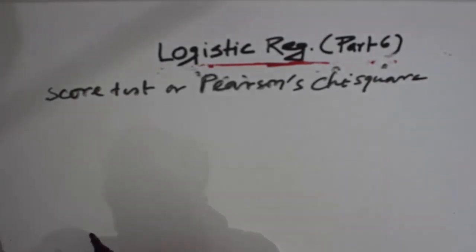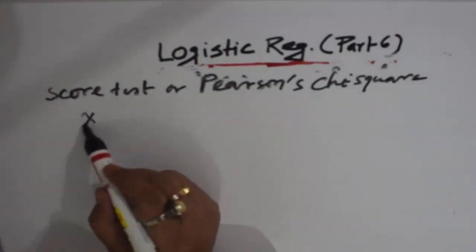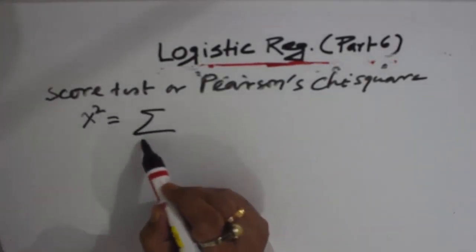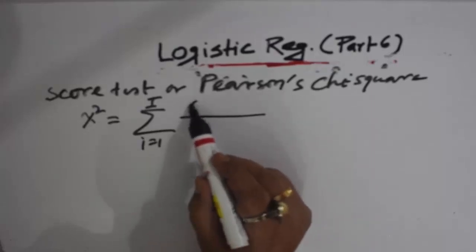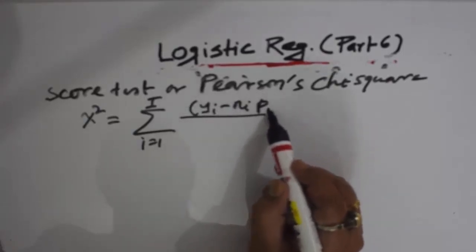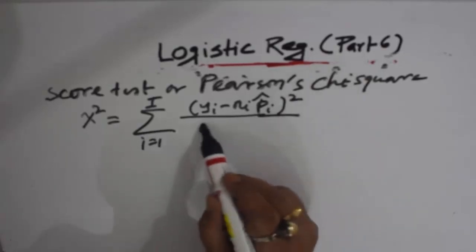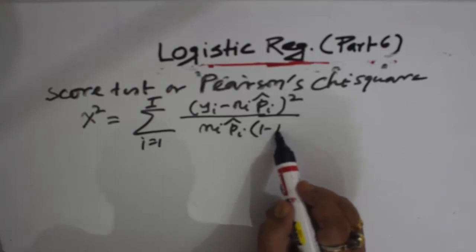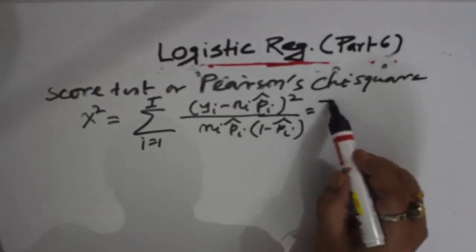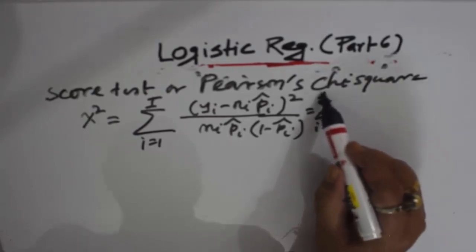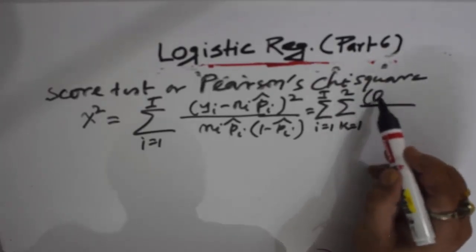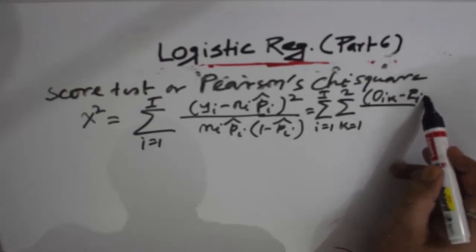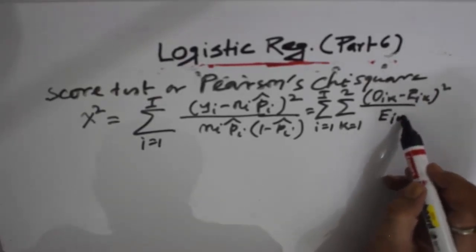For a given model versus the saturated model, the test statistic is the sum over I from 1 to capital I of yi minus ni pi hat, whole square, by ni pi hat times 1 minus pi hat, which is equivalently written as the sum over I from 1 to capital I, k from 1 to 2, of O I k minus E I k, whole square, by E I k.